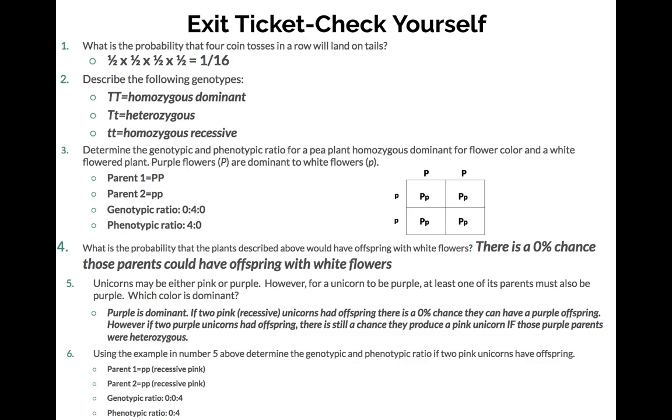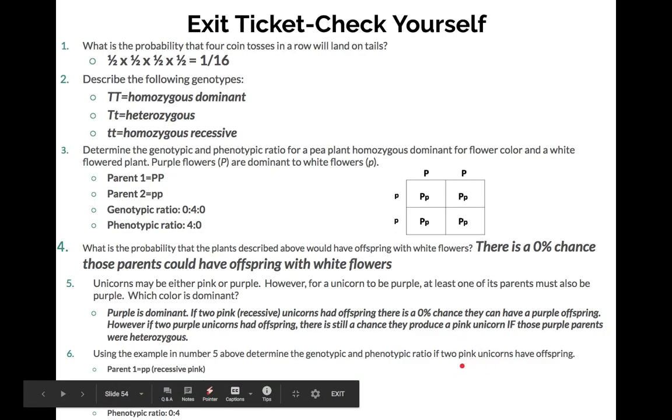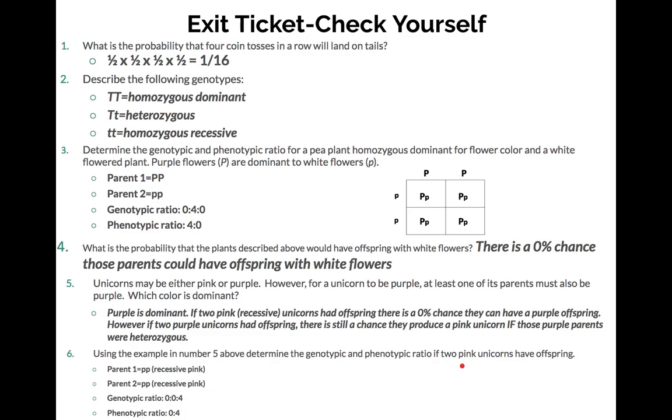And then the last one, for number 5 above, determine the genotypic and phenotypic ratio if 2 pink unicorns have offspring. Basically you should have just done a cross with 2 recessive parents, so 2 little p's for both. Your genotypic ratio would have been 0 to 0 to 4, and phenotypic also 0 to 4.